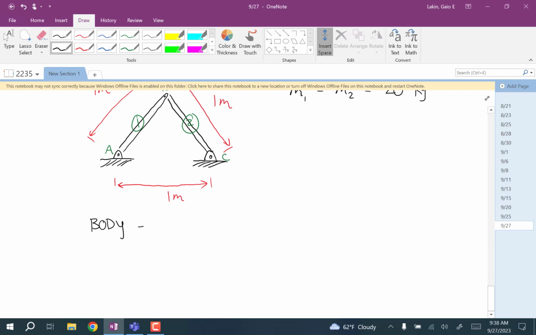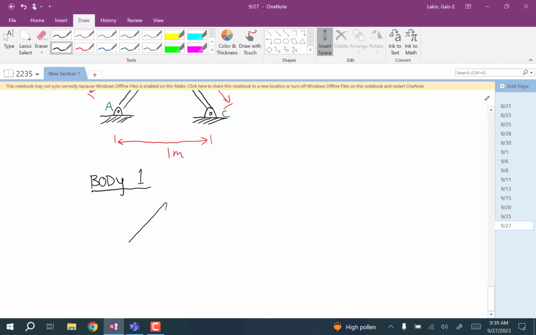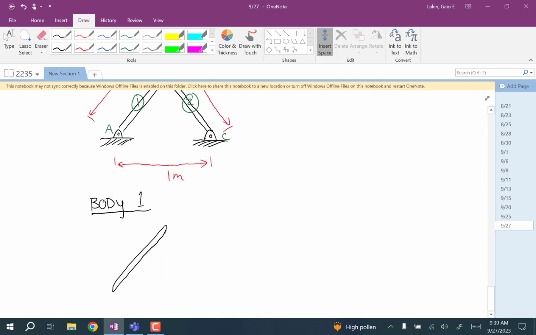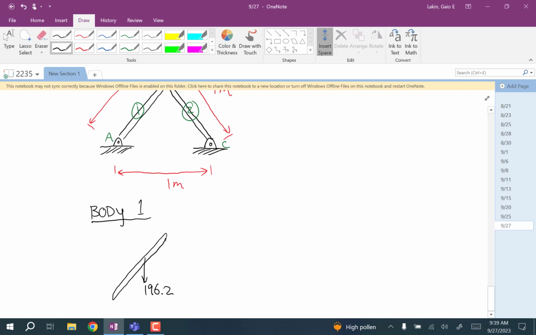body 1. So let's think about what loads are acting on body 1. There's a weight force. It's 20 kilograms, so this is 196.2. And then at A, this body touches that pin A, right?